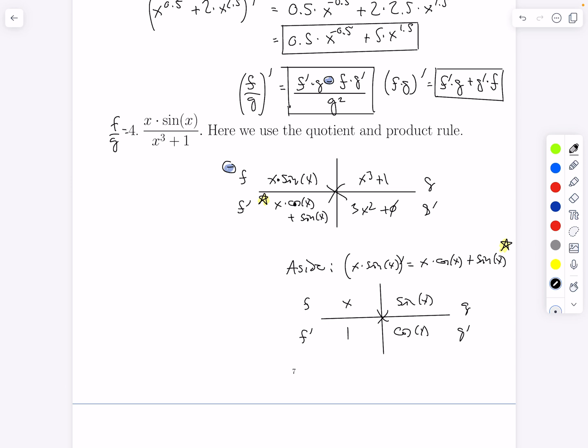So we can complete x times sine x over x cubed plus 1 prime.